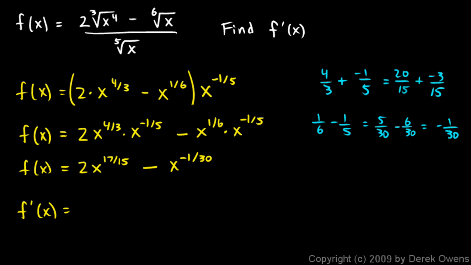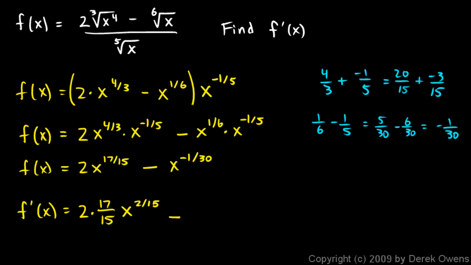f prime of x is going to be 2, my constant multiplier stays out front, then times 17 fifteenths, this exponent just comes out front as a multiplier, times x to the power of this minus 1. And 17 fifteenths minus 1 is just 2 fifteenths.